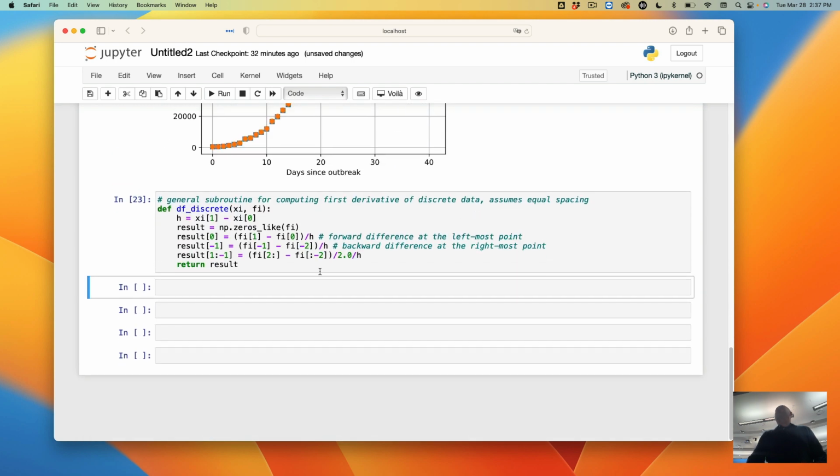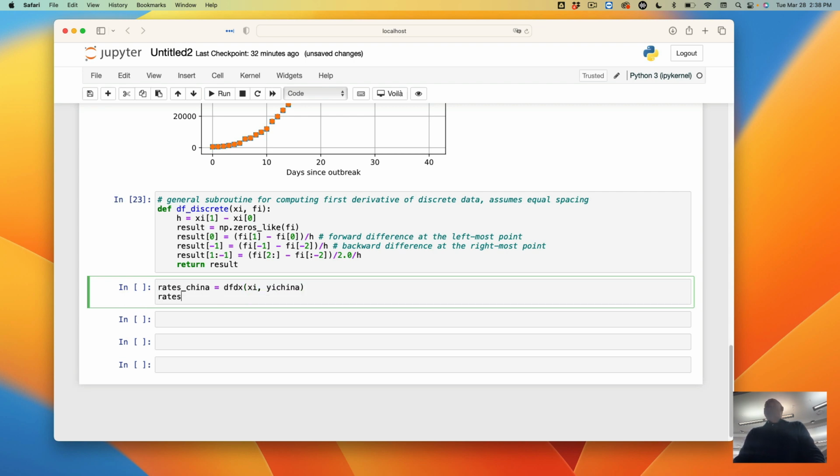All right. Now we can use this routine to compute the rates of change for, let's say, rates China, df dx, using the China data. And then rates world equals df dx xi yi world.